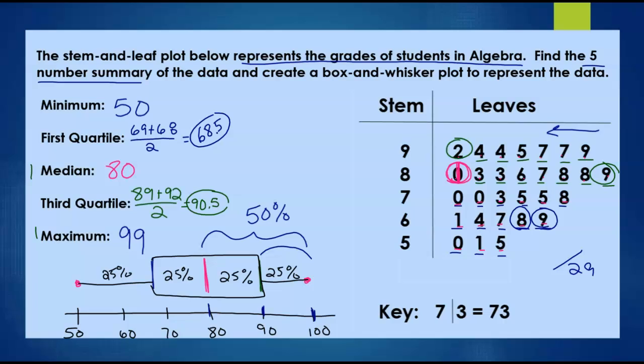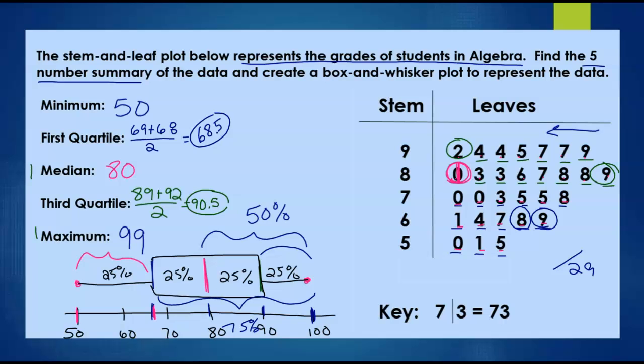So that's cool information. I know that 3/4 of my students, 75% of them, are scoring from 68.5 to that 99%. And 25% of the algebra students are not passing, at 50% to that 68. This is very helpful data.